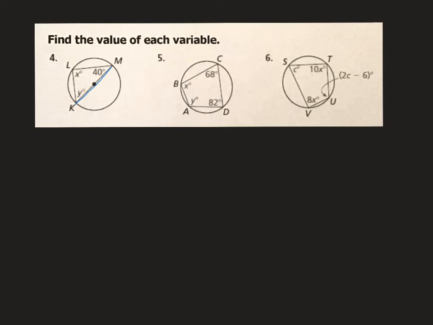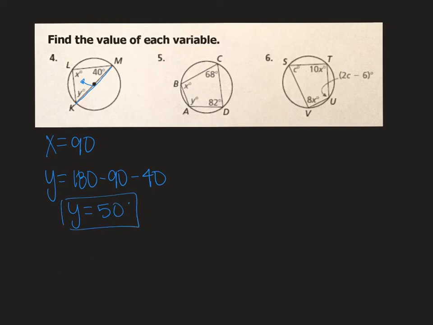And since it has to be a right triangle, the angle opposite that diameter has to be the right angle, which means that X has to equal 90. And to find Y, we can take that 90 degrees for X and the 40 degrees at angle M and subtract it from 180 to give us 50 degrees for Y.